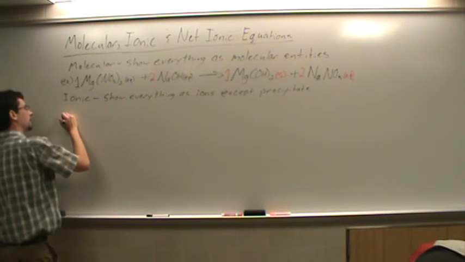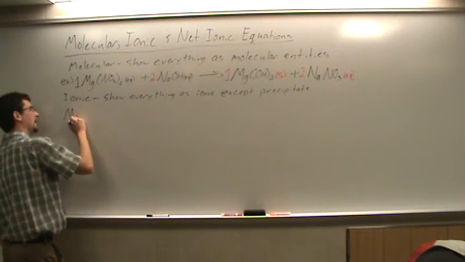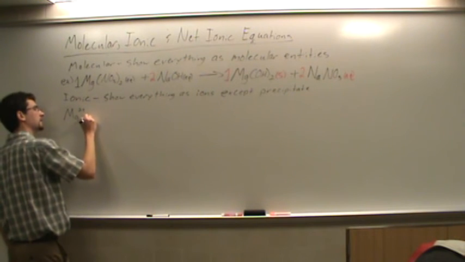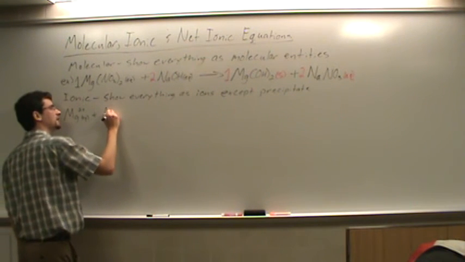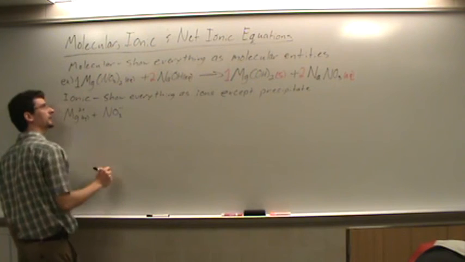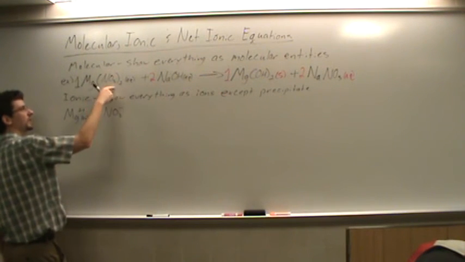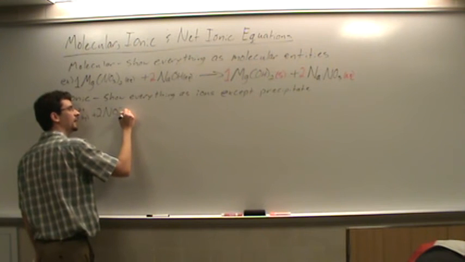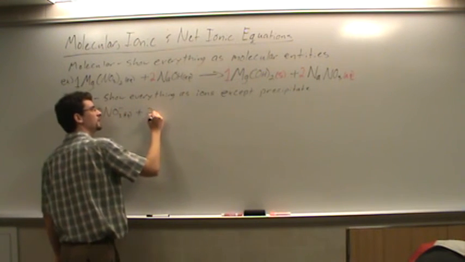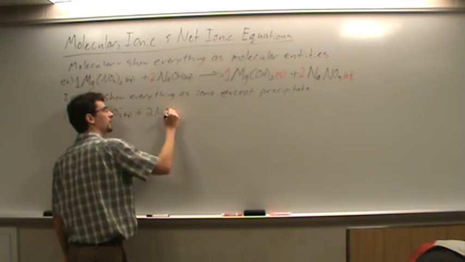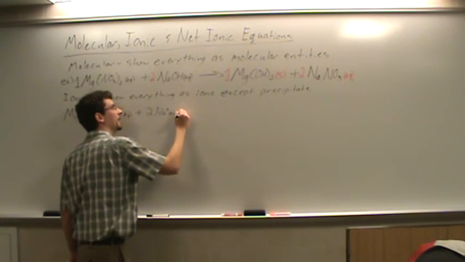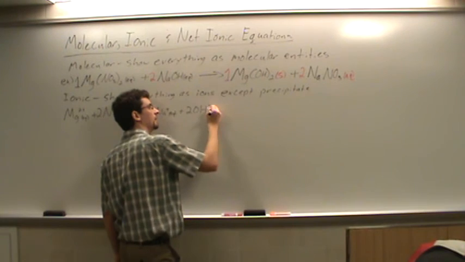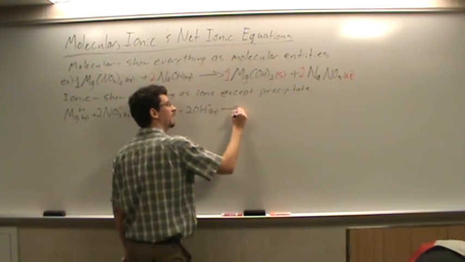So we have magnesium as an ion, and we know that it's magnesium 2+, aqueous. We have the nitrates, NO3-, they each have a -1 charge. We need 2 of them for each of our magnesiums. So we have 2 of these guys, aqueous. We then have 2 sodiums, so Na+ ions that are hydrated. And we have 2 hydroxides, aqueous.